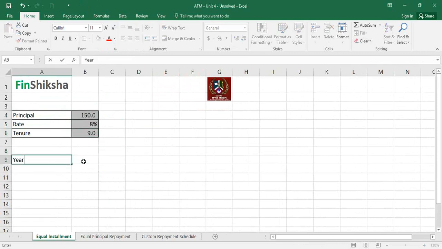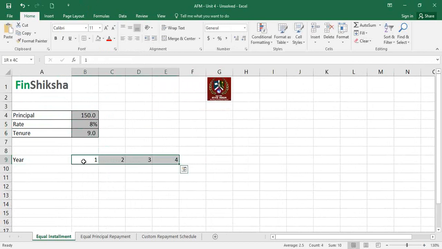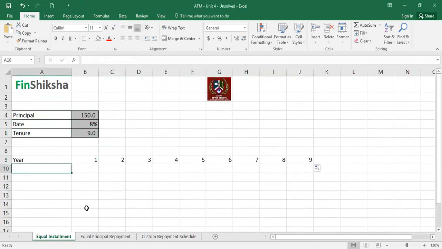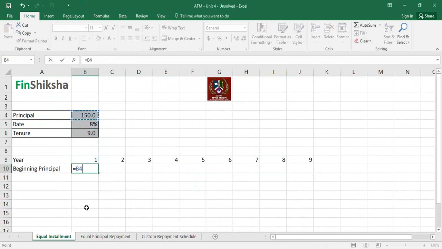Now we're going to model this where we're going to say year 1, 2, 3, 4, all the way up to 9 years. We can manually do it. We can also automate it if needed. But in this particular case, we're going to look at only the manual number. So beginning principal amount, right? And the first year beginning principal amount is the same as 150 crore. Then you want to look at what is your payment of the principal, right?